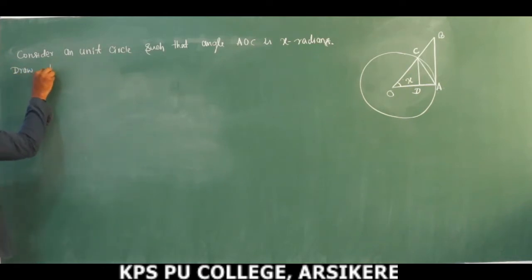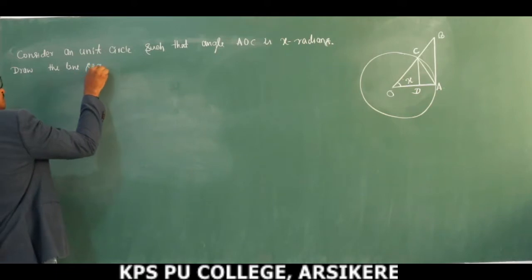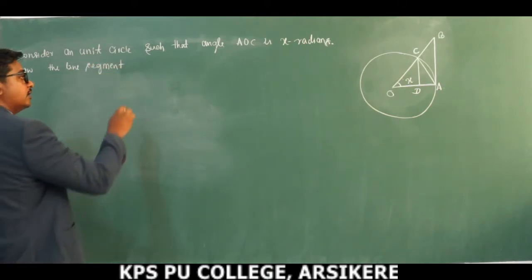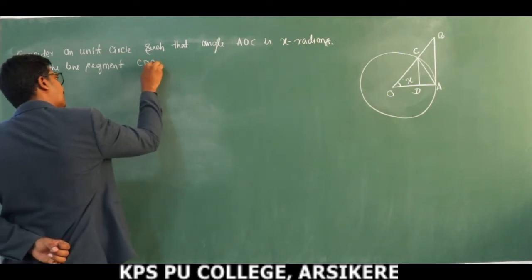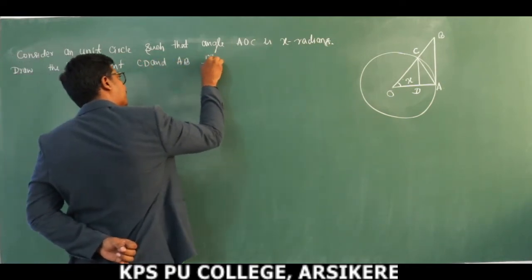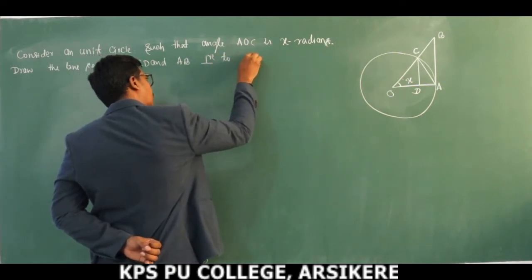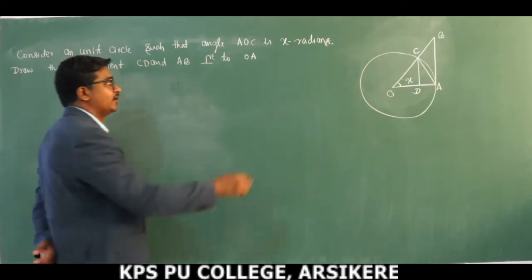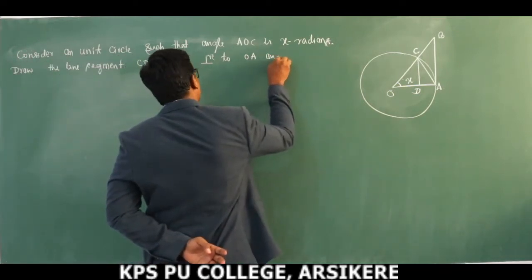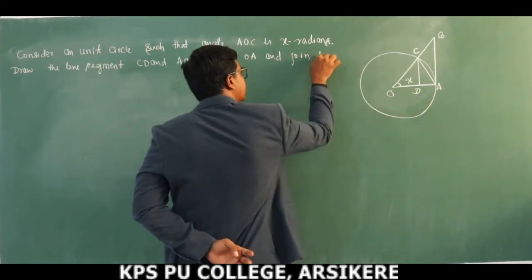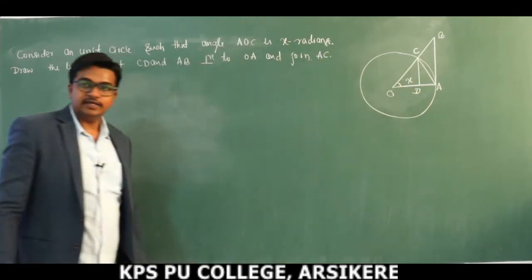Draw the line segments CD and AB perpendicular to OA, and join AC.